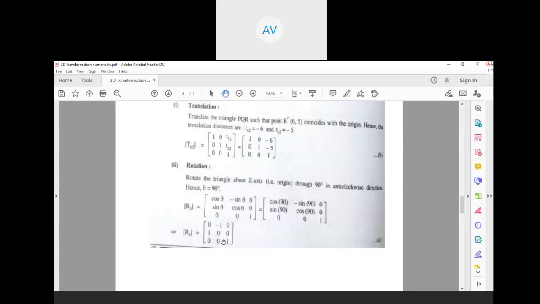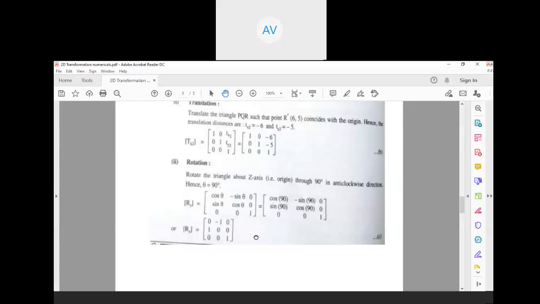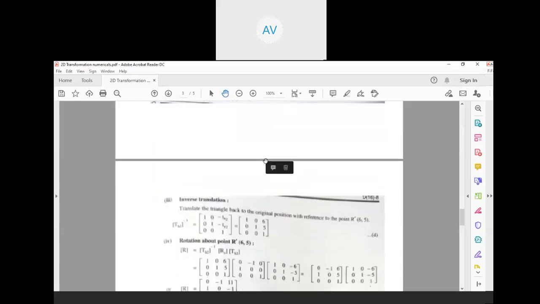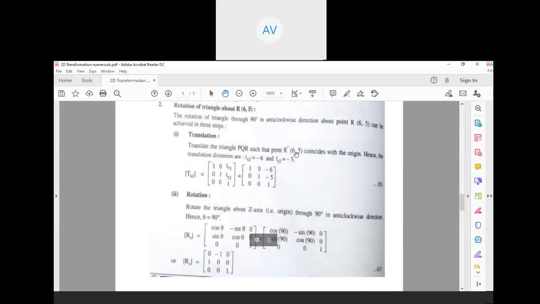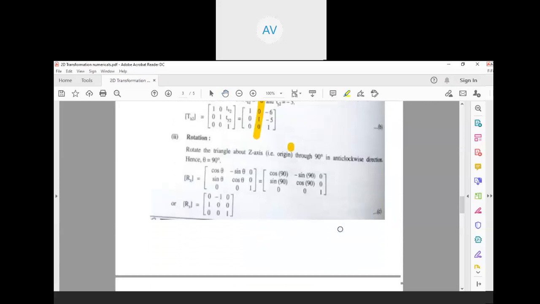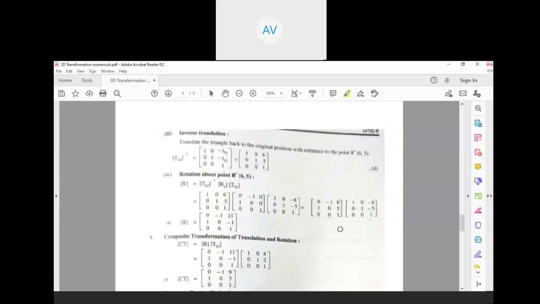Then again we have to inverse translate it. Again we have to send it back to its position. So we fixed it earlier by -6, -5 to the origin. Then again we will move it back to its original position.